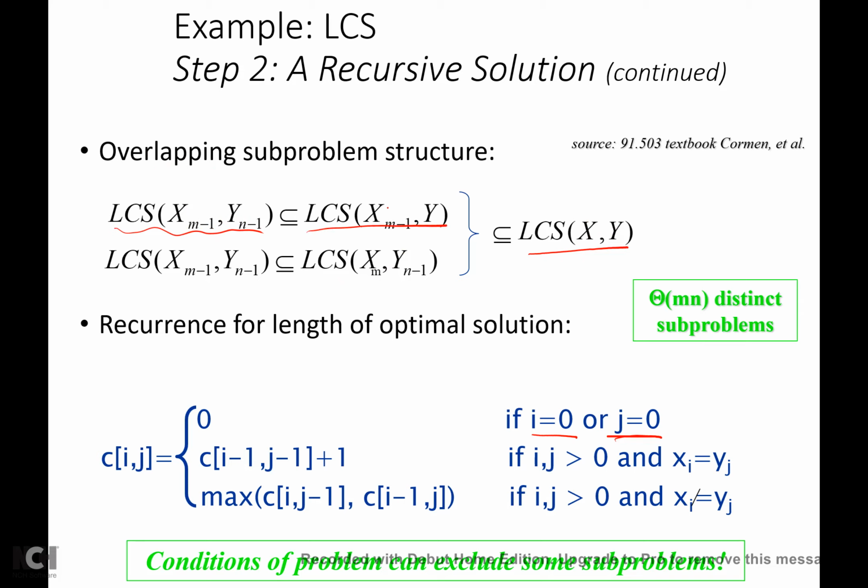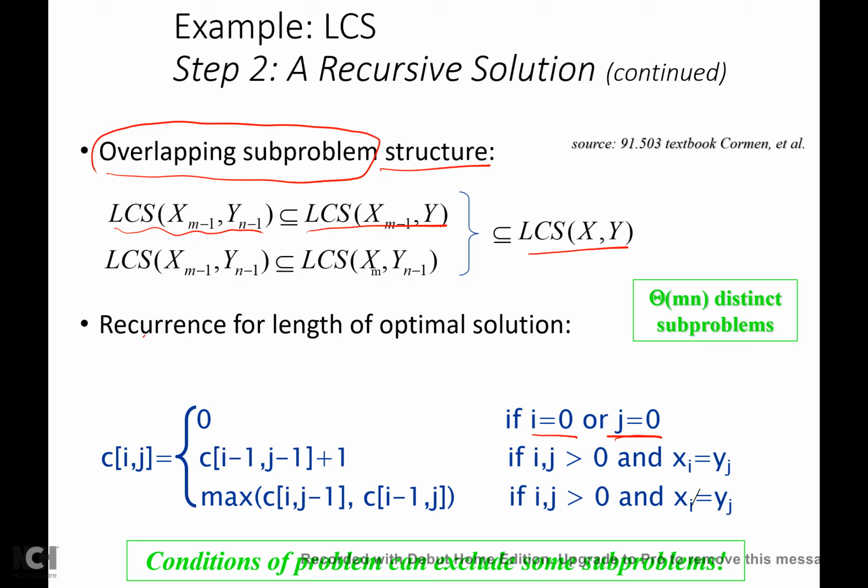Which belongs to LCS of xm minus 1, y, and also belongs to LCS of xm, yn minus 1. So this is an overlapping problem structure. In that case, definitely we want to use dynamic programming.